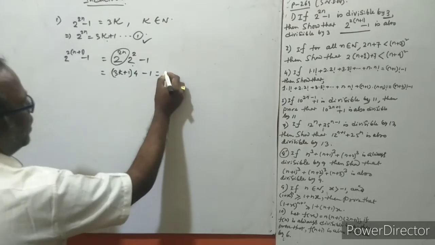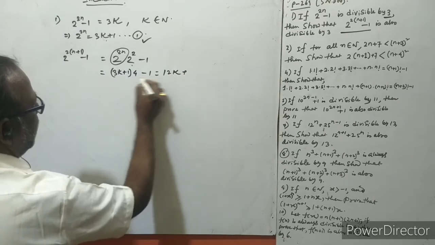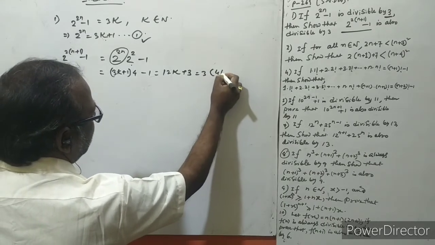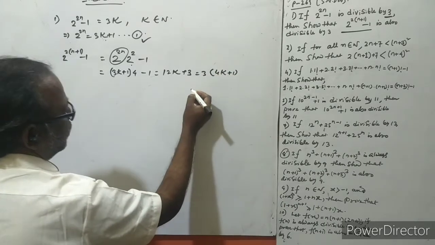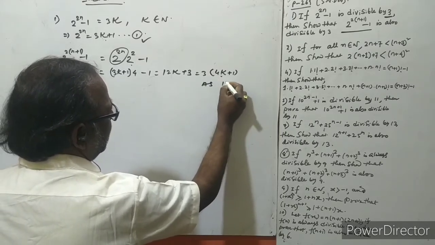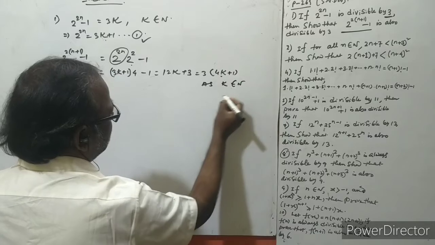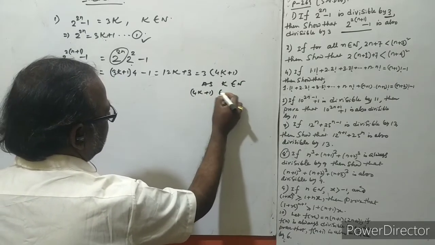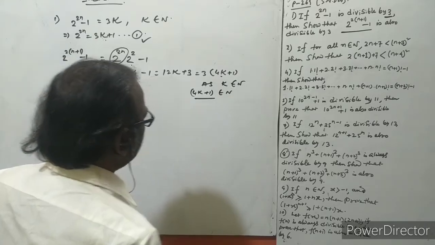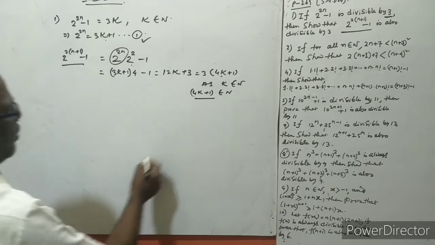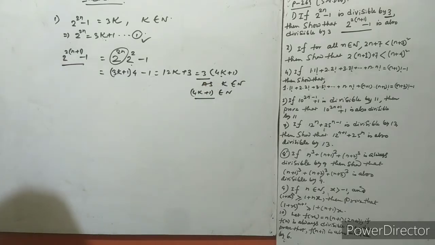Multiplying by 4, we get 12k plus 4 minus 1, that is 12k plus 3. Taking 3 common, you get 3 times 4k plus 1. Since k is a natural number, 4k plus 1 is also a natural number. So it shows that the given expression is divisible by 3.